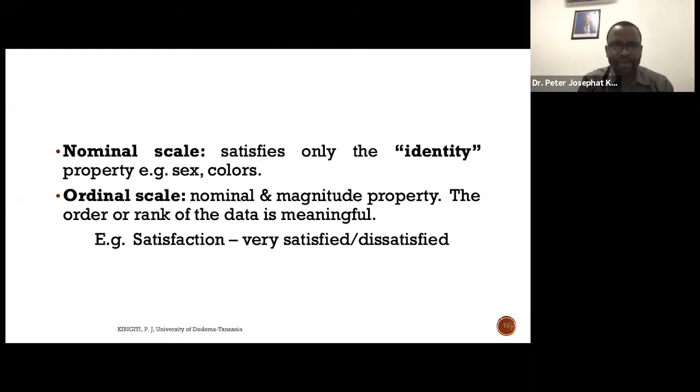But normally the nominal and ordinal scales fall under qualitative data or approach. So how are you going to analyze sex? How are you going to analyze a color variable? How are you going to analyze satisfaction? Is it possible to compute a mean of a color or a mean of sex?